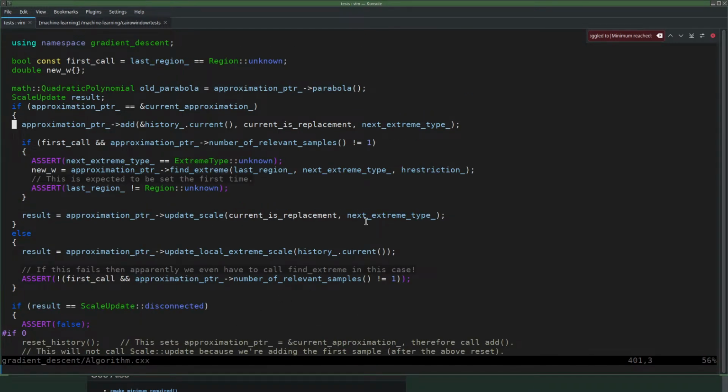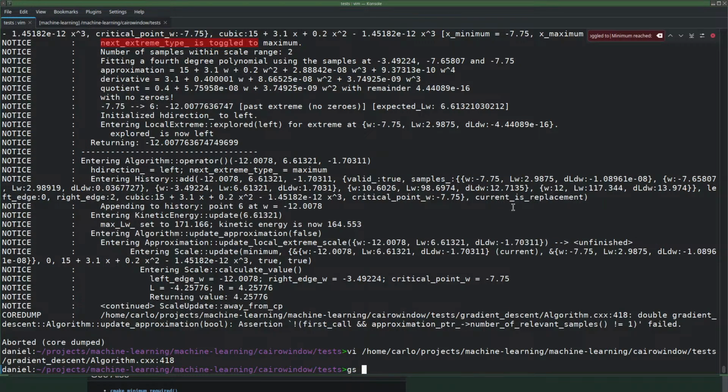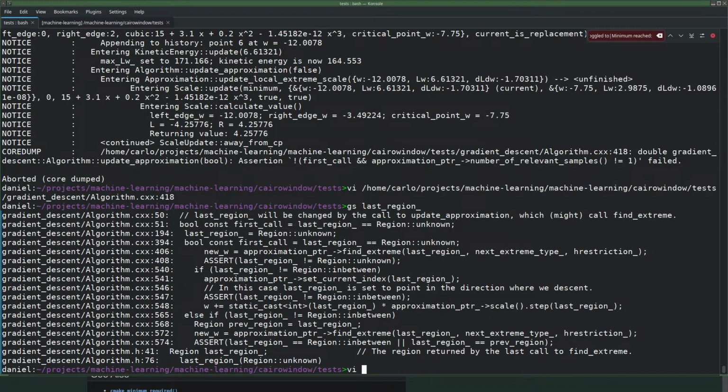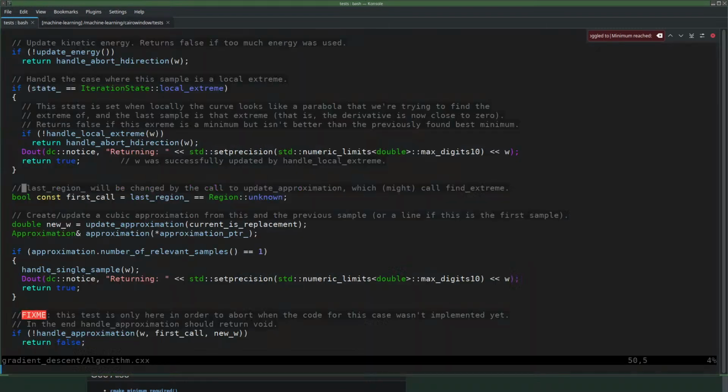I remember I moved it up because it was needed before something else was called. Especially the last region, no? Maybe we just look at where that is being used. I might remember it again. It's being used in a billion places.